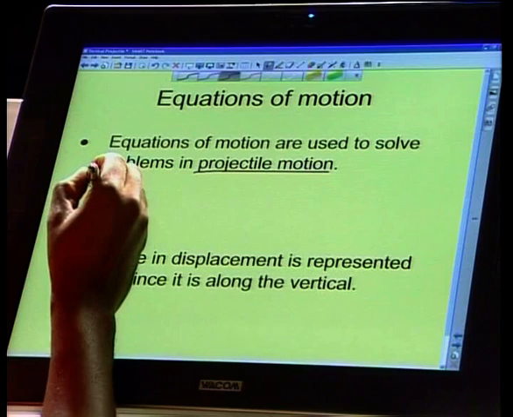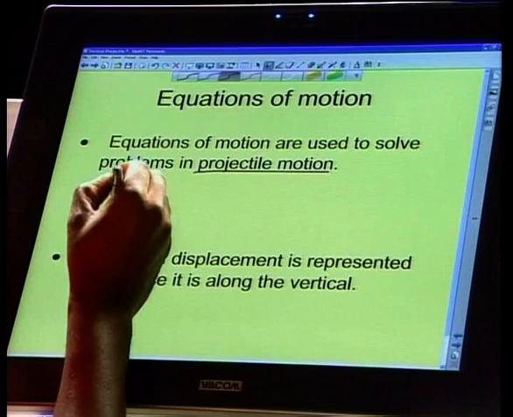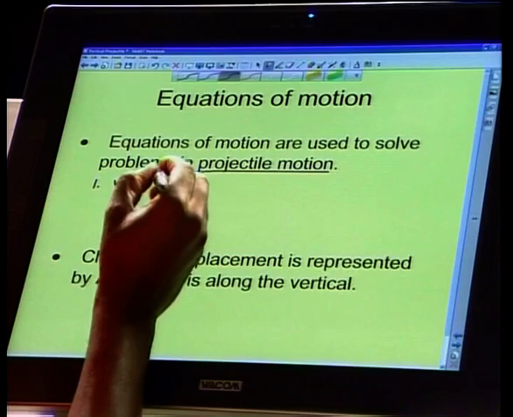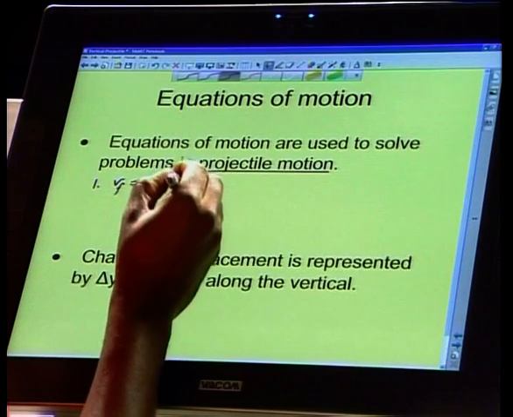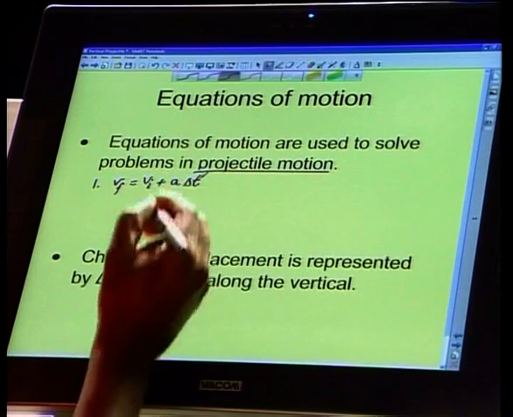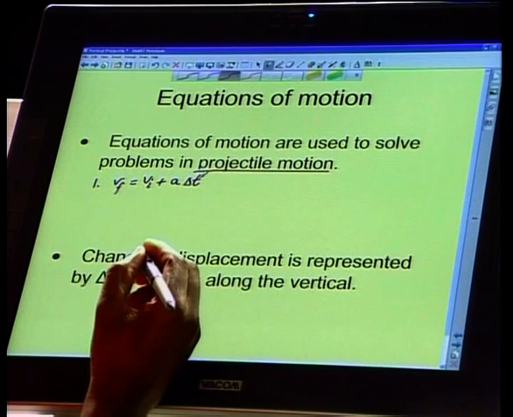One, V final equals V initial plus acceleration times change in time. That is the first basic equation.